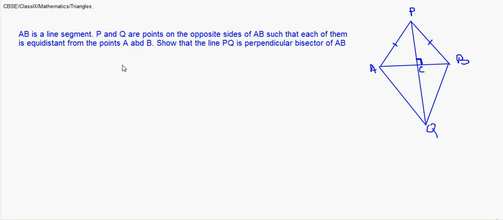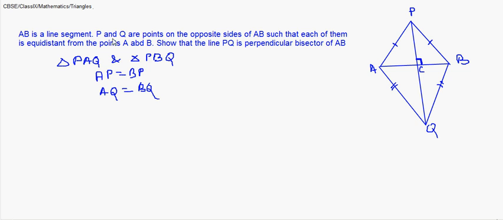Now let us take triangle PAQ and triangle PBQ. We know AP is equal to BP and AQ is also equal to BQ. Why? It says P and Q are the points on the opposite sides of AB such that each of them is equidistant. So P is equidistant from A and B, as well as Q is also equidistant.